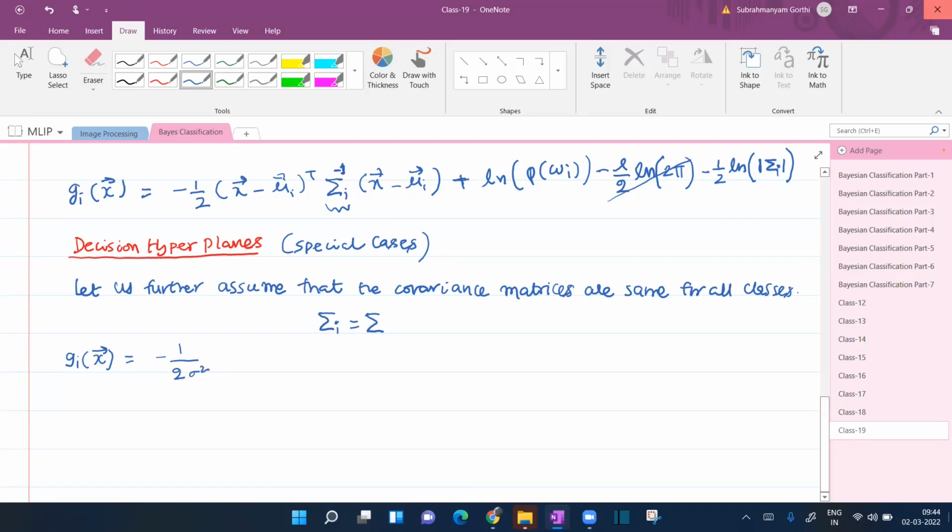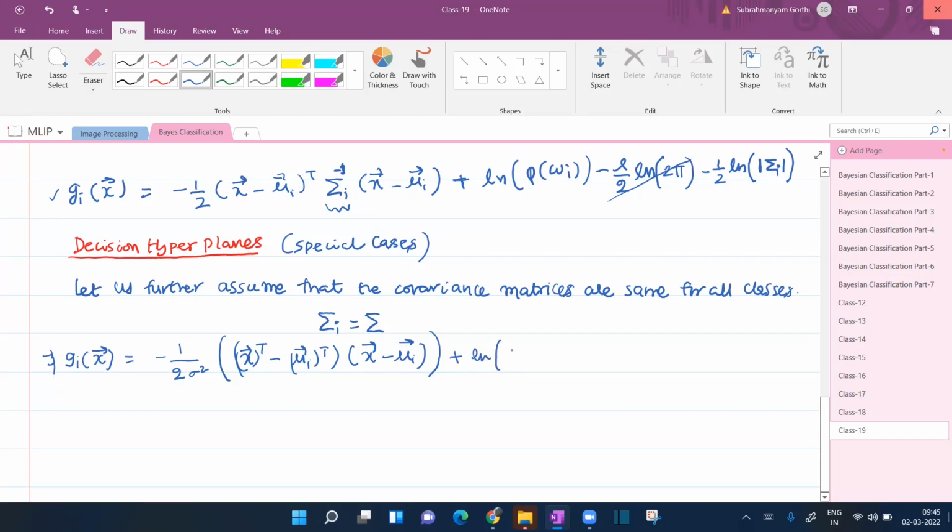Sigma square, right? And now let's take this transpose there. How did we write that? X bar whole transpose minus mu I bar whole transpose, multiplied with x bar minus mu I bar. Correct? So this is what I have here for the first expression in the gi. I'm just simplifying the equation that you see here, that I am writing here first.